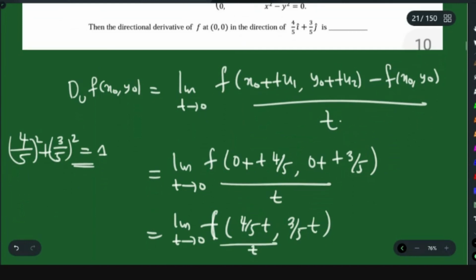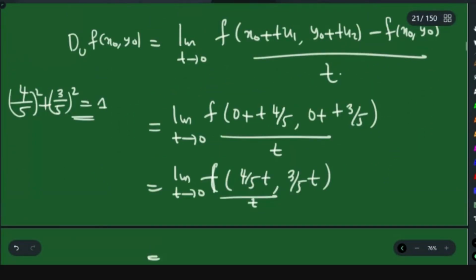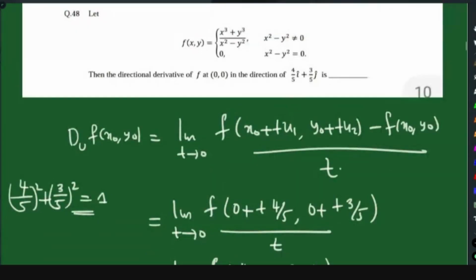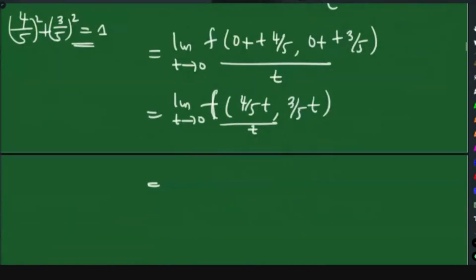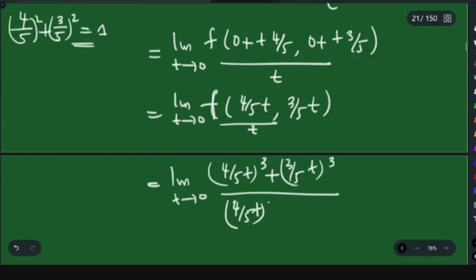You can just substitute all the values. What we have is x cube plus y cube divided by x square minus y square. So limit t tending to 0 of (4 by 5 t) whole cube plus (3 by 5 t) whole cube, divided by (4 by 5 t) whole square minus (3 by 5 t) square, and one more t is there in the denominator.